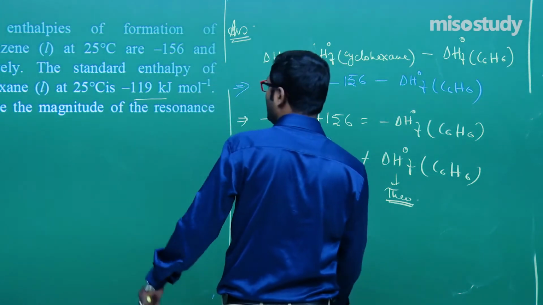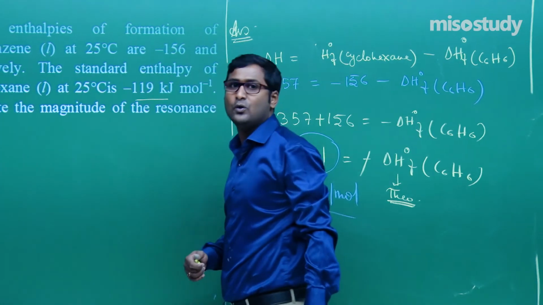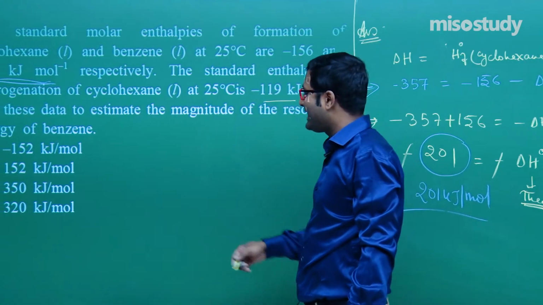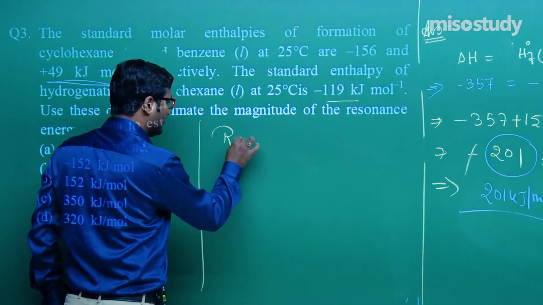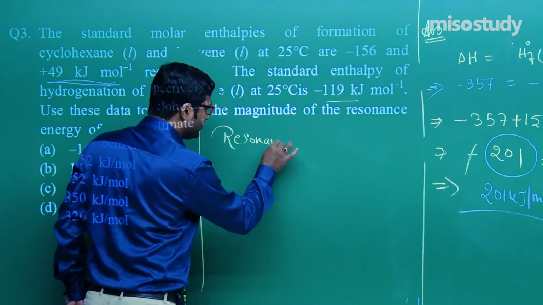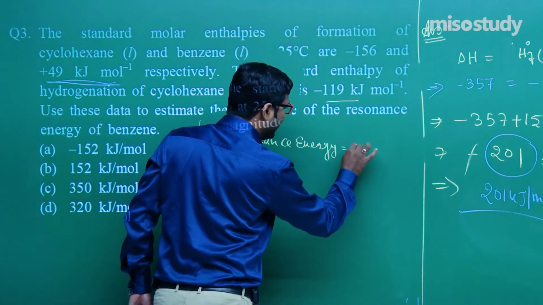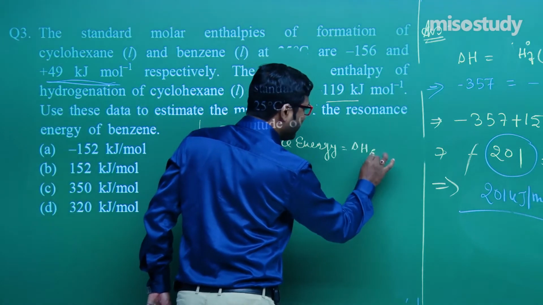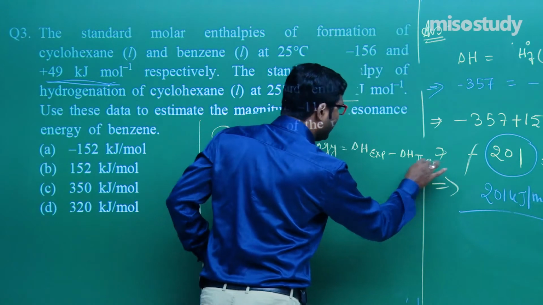Now we have the theoretical value, and we also have the experimental value. Now tell me what is the answer? It's very simple. The resonance energy is equal to delta H experimental value minus delta H theoretical value.